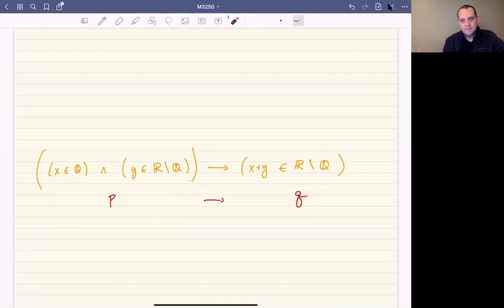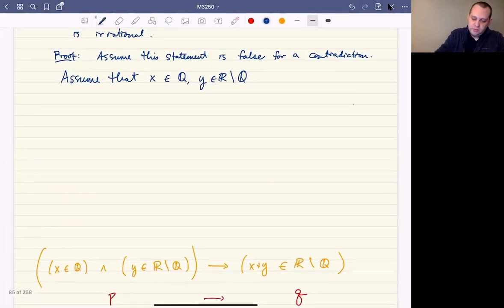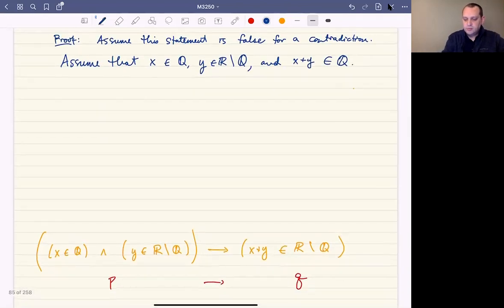So in other words, x plus y is not irrational, but rational. So we're going to assume that x is rational, y is irrational, and x plus y is rational. Again, just breaking it down into the logic really helps us figure out why we've made these choices that we've made here.